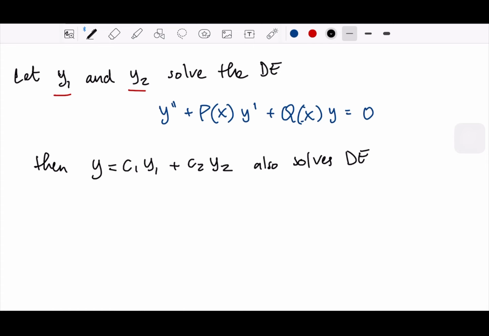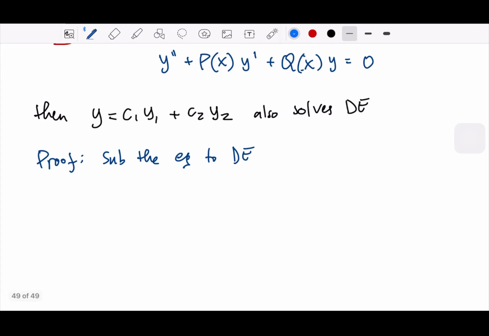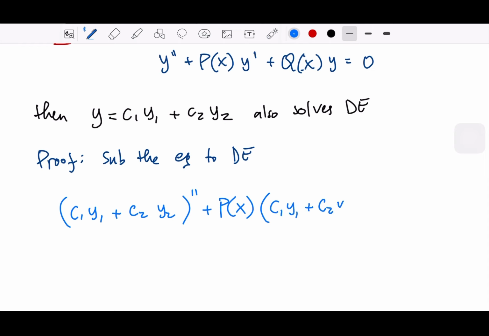So first we can prove that by substituting the expression into the equation. We are going to have, I think we can write with a different color, c1y1 plus c2y2 double prime, and then plus p of x times c1y1 plus c2y2 prime.